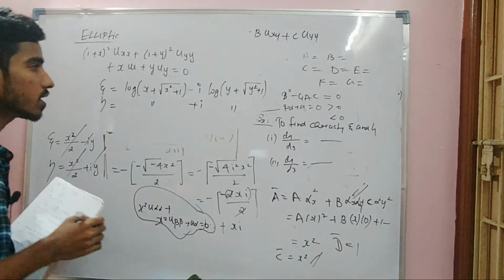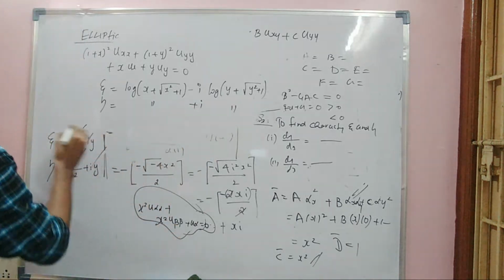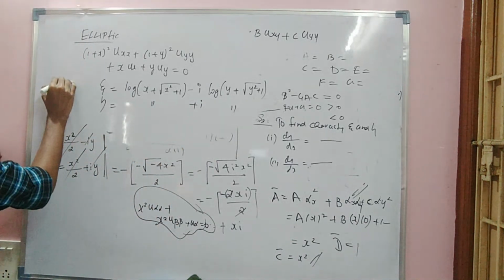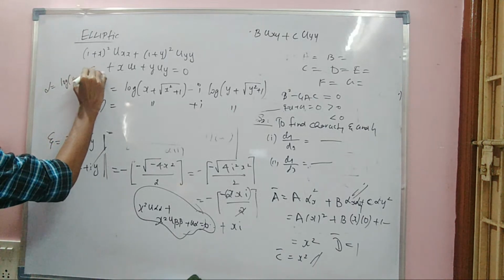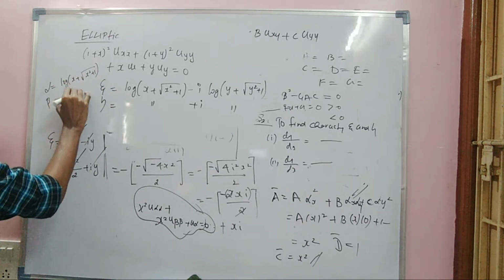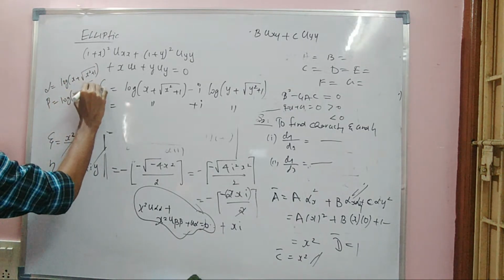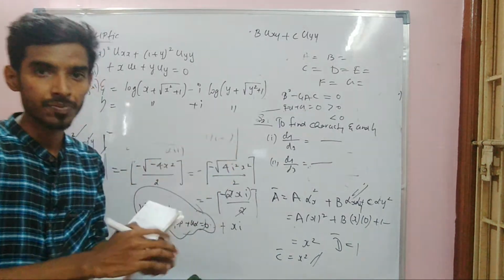Then you find alpha plus beta, alpha minus beta. So alpha is log of x plus square root of x square plus 1, and beta is log of y plus square root of y square plus 1. If you want the solution, I can send a detailed solution after the class.